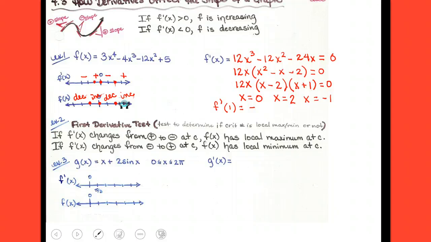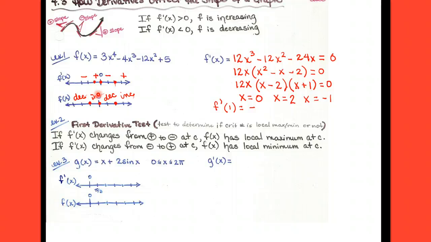Now, if you think about it, if my function changed from decreasing, going down, to increasing, coming up, what would happen at that point where it changed? What would I have at the point where it changed from decreasing to increasing?